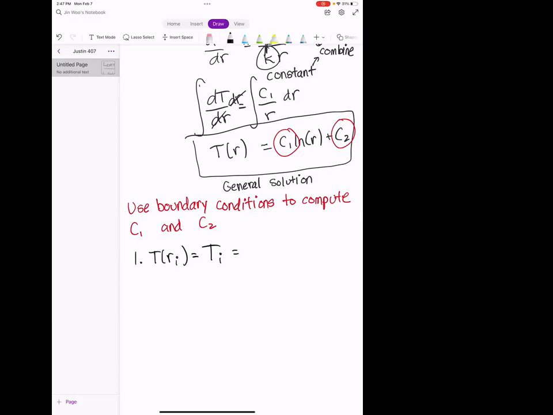If we plug Ri into our general solution here, we have C1 ln of Ri plus C2. And then we have the exact same thing for the other prescribed temperature.